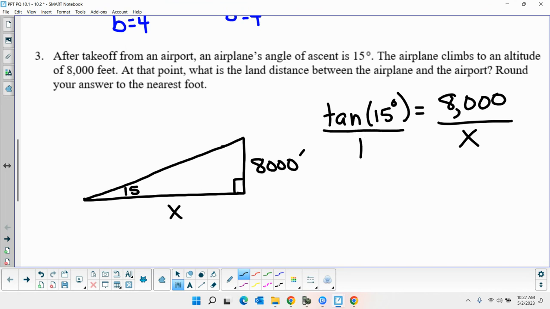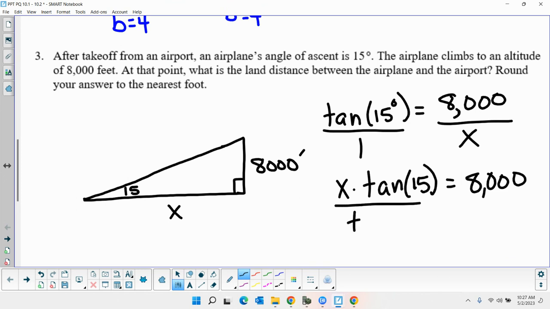Just put the left side over 1 so that you can do what to solve? Proportion cross multiply, right? So, tangent of 15 times X, I'll just do it. X times tangent of 15. And 1 times 8,000 is 8,000. So what do I do to get X alone? Divide by the tangent of 15. So that's what I'm going to put in my calculator. This right side fraction.